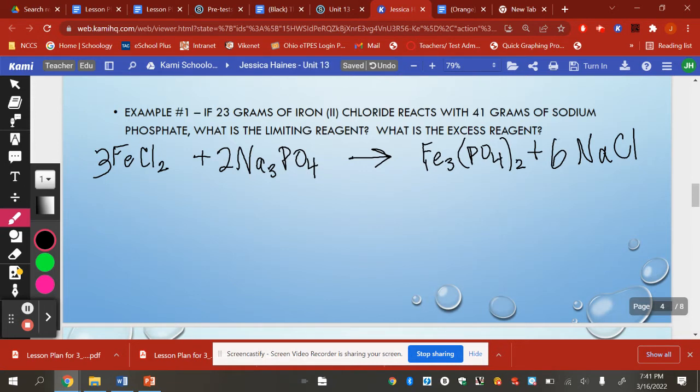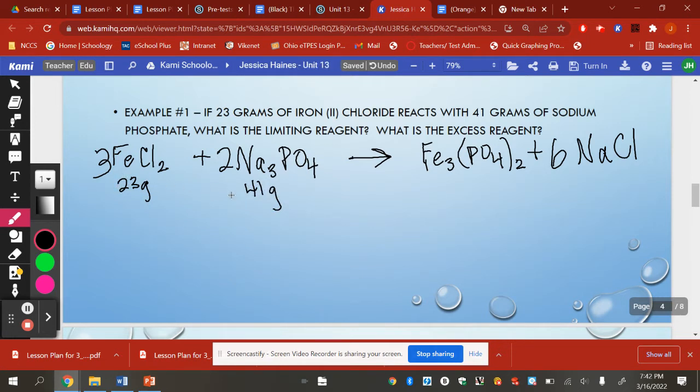All right, so before, when we did stoichiometry problems, I would always have you write somewhere over, underneath, or above these things what is being produced, or what is given to you in the problem, and then what's the unknown with question marks. In this particular one, they give us 2 numbers. So we have 23 grams of iron 2 chloride, and then there's 41 grams of sodium phosphate. Now, they give us 2 numbers.